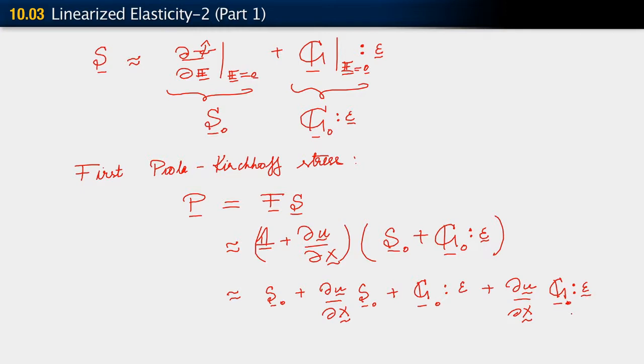So we have a constant term, two linear terms, and a term that's now quadratic in the displacement gradient.